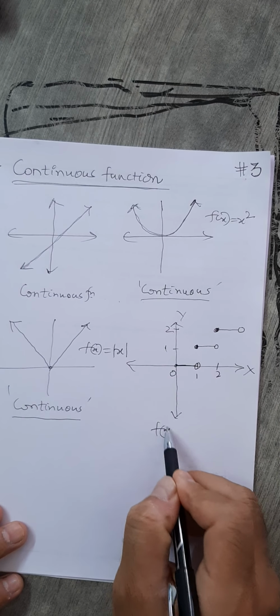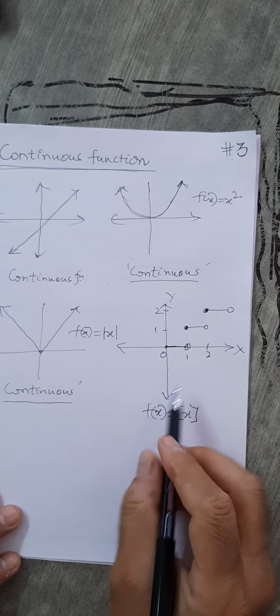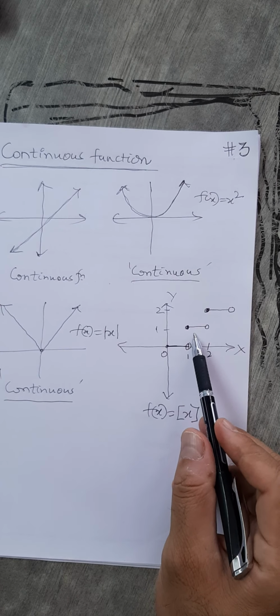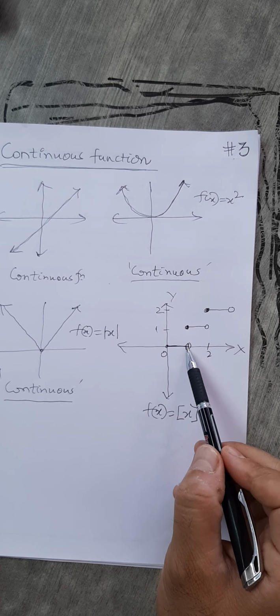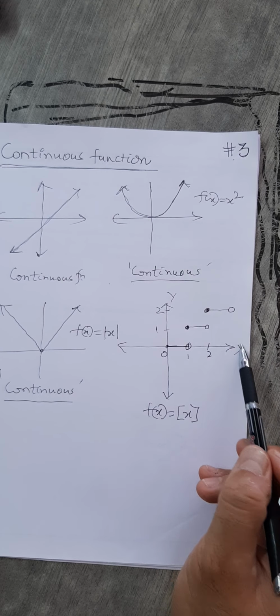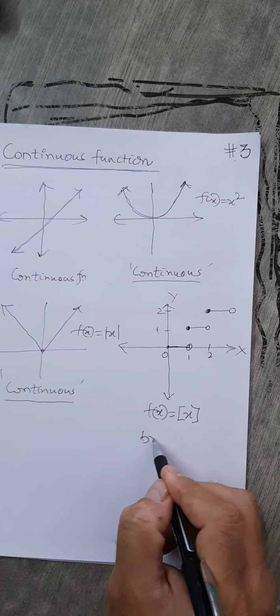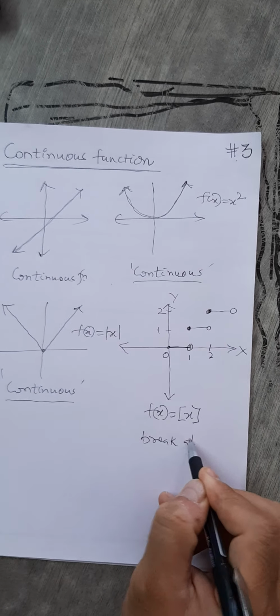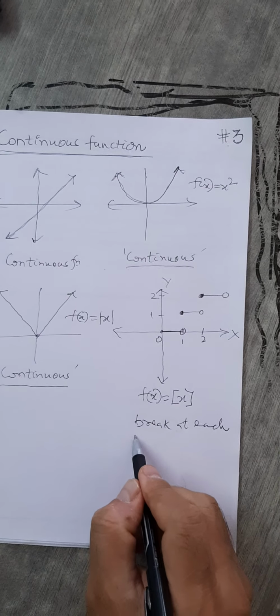This is f(x) equals the box function, so the graph is a step function. There are several steps. There is a break at 1, there is a break at 2. Similarly, you can draw 3, 4 and so on. So there is a break or jump at every integer.